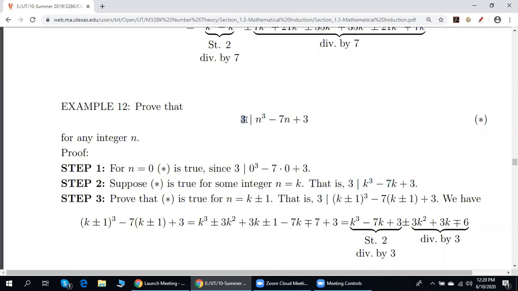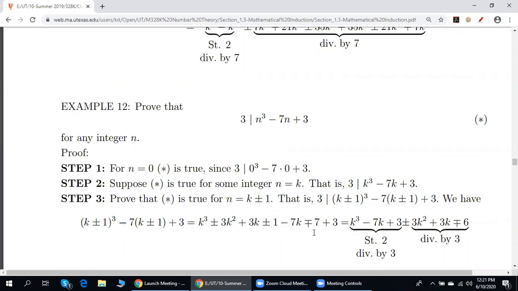Prove that 3 divides this for n is equal to k plus 1. So we replace n here and here by k plus 1. Done. We copy this expression here. We expand parentheses. Done. We expand parentheses. Done.